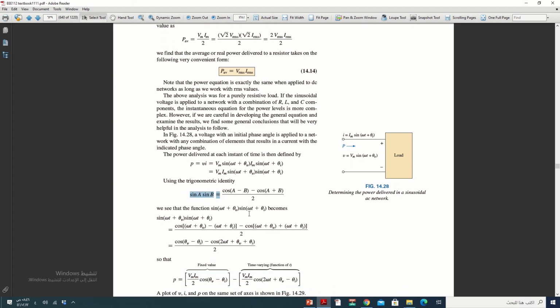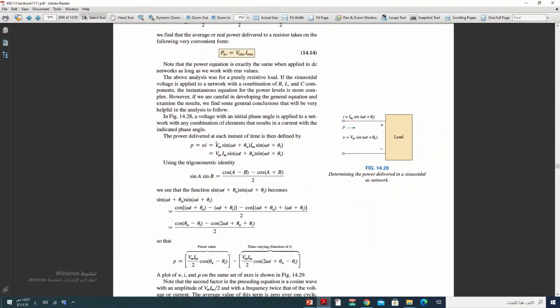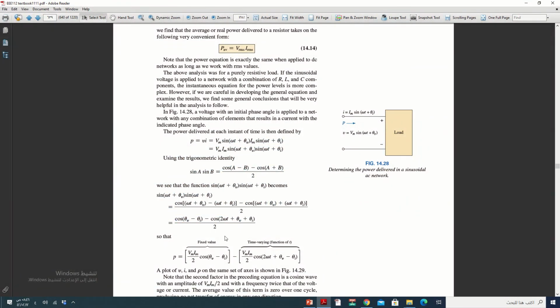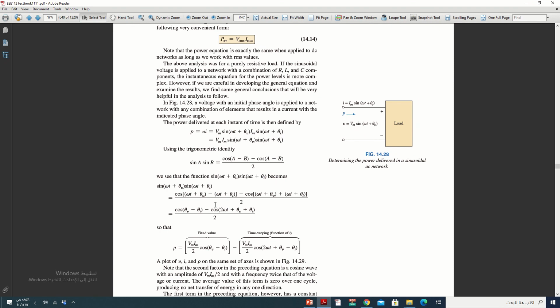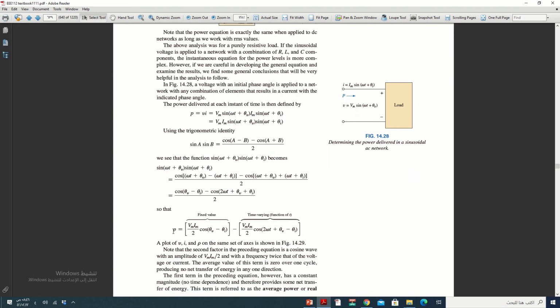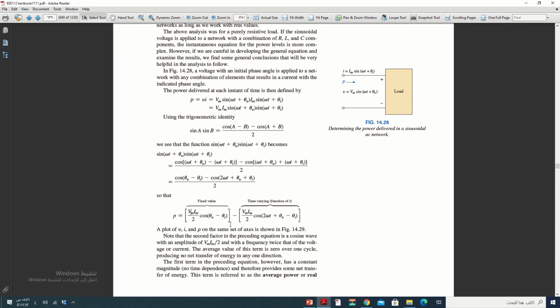You don't need the proof, but if you go through this proof, you will end with power equal to two parts. The first part is a fixed value and the second part is variable, because we have t in the second, and the other has no t. If you substitute the numbers, you will get the number.